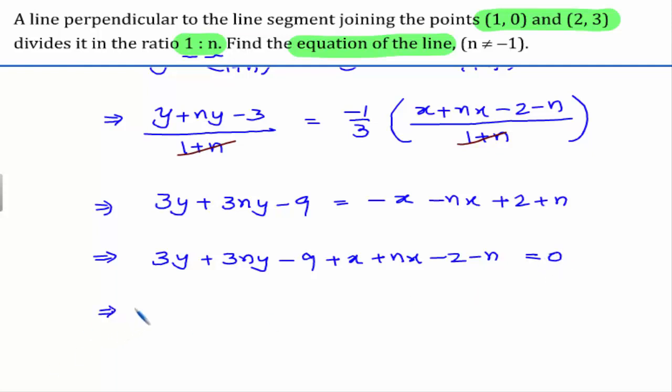On further simplification, if I take 3y common, we get 1 plus n, and this is minus 11 minus n, and in these two terms, if I take x common, we get 1 plus n.